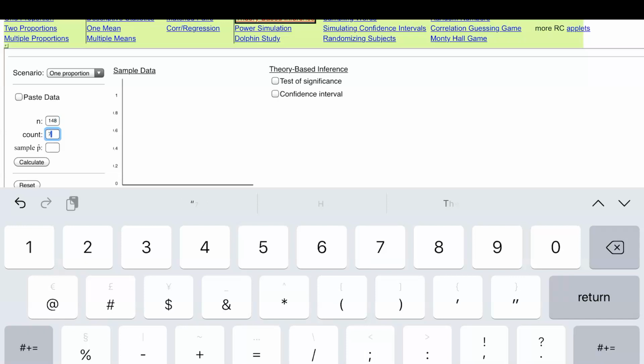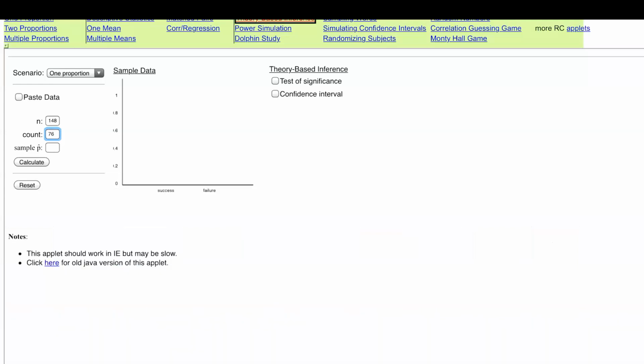Now here for the count, we could put in the 76 students, and then if we click out of that, the 0.51 is put automatically in for p hat, and we see that it's actually 0.5135. If instead you put the 0.51 in for p hat and clicked away, then the count would be filled in automatically, and I believe it would actually come out to be 0.75, which is a little bit closer to 0.51.